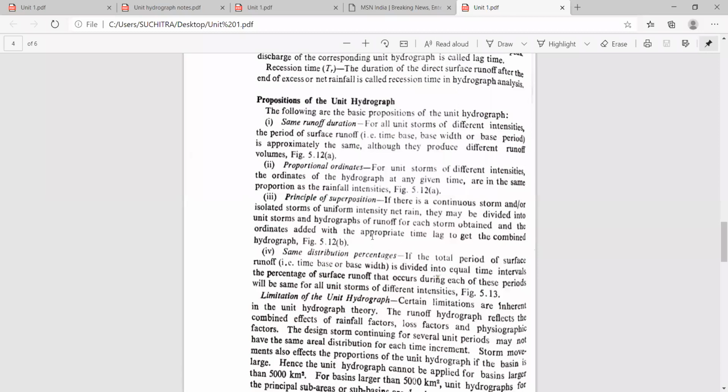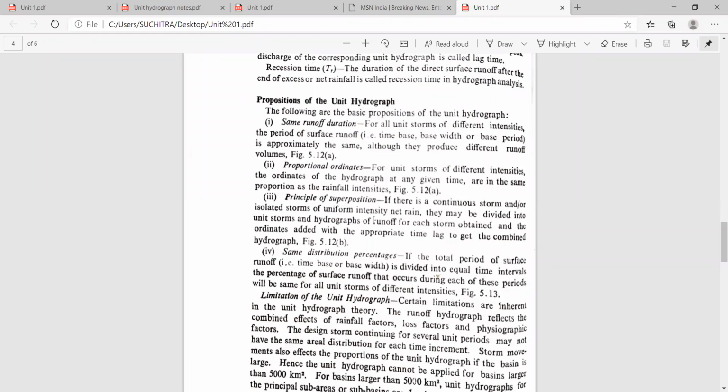Okay. So now these are the assumptions. One is the unit hydrograph will have the same runoff duration. Second one is proportional ordinates. The ordinates of different unit storms having different intensities at any given time interval will have the same proportion. And third one is the principle of superposition. If you have a continuous storm one after the other, you can divide that continuous storm into a number of unit storms, and you can draw the unit hydrograph for each unit storm.